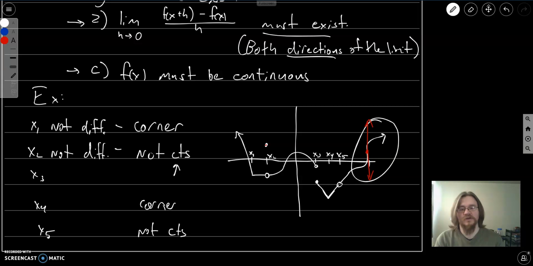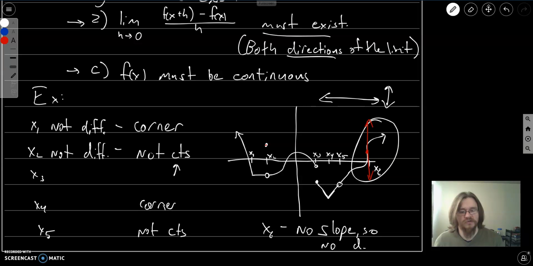This is one of the situations that we have to be careful of. If you have a horizontal line, the slope is 0. A vertical line, the slope is undefined. So at x6 over here, we have no slope, so no derivative.